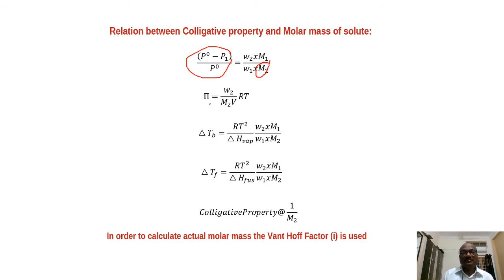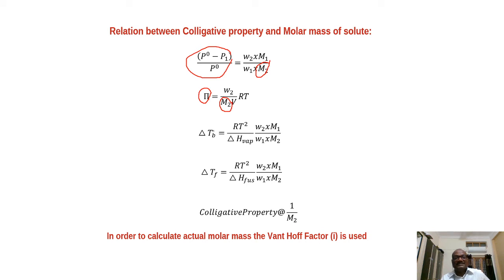In the case of osmotic pressure, pi is equal to CRT, where C is the molar concentration. It is W2 by M2 V, the number of moles of solute dissolved in 1 liter of solution, into RT. Here also you can see the relationship between this colligative property pi and the molar mass of the solute M2.